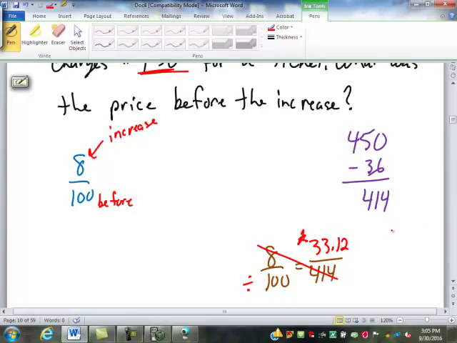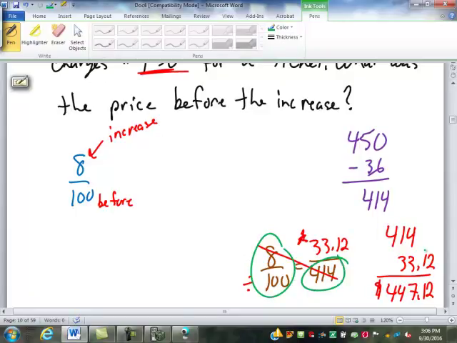If we add that on, 414 plus 33.12 is 447.12. You can see what the problem is here: when we were double checking it, we were finding 8% of the 414. But when we calculated it, we were finding 8% of the 450. We're finding 8% of two different numbers, so it can't possibly equal out.